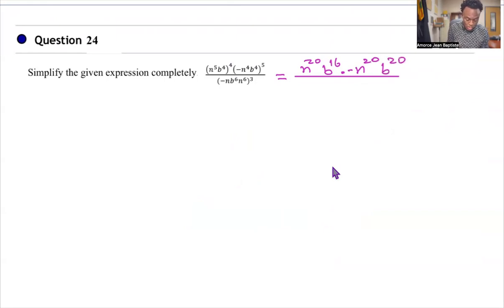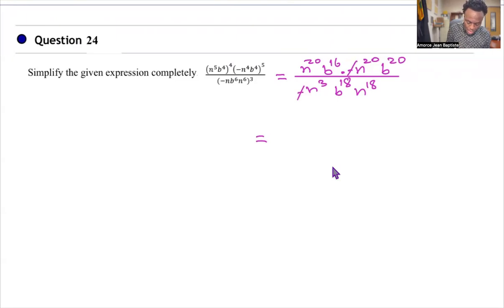Down here we will have the same consideration. That's negative n to the 3rd, b to the 18th, and n to the 18th. Next up, since we have everything multiplied on top and on the bottom, this negative sign can be canceled out.